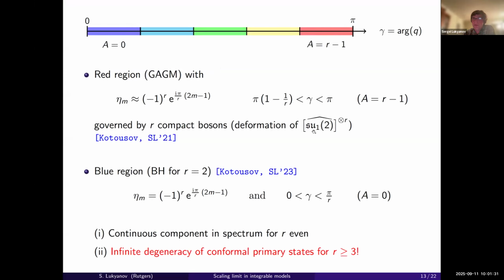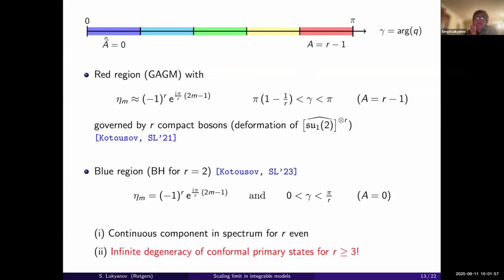To be more precise, we should consider R copies of the SU2 Kac-Moody algebra at level 1, with a certain deformation along the U1 subalgebra, similar to the deformation of the compactification radius for the XXZ spin chain.